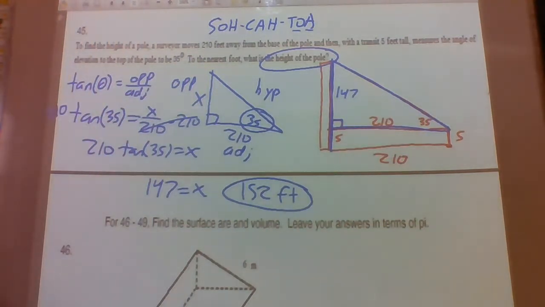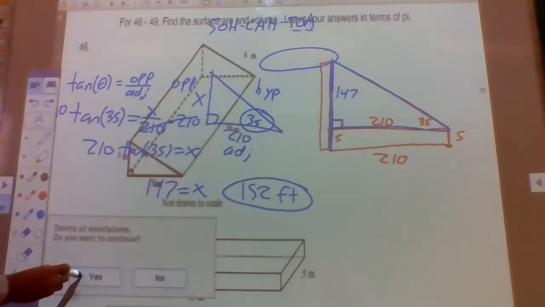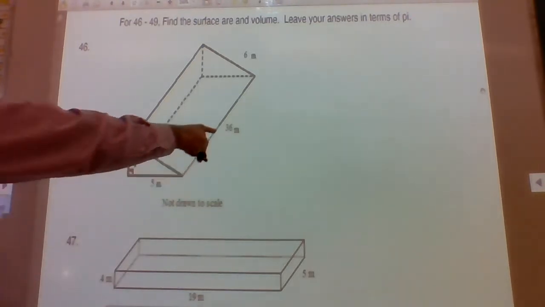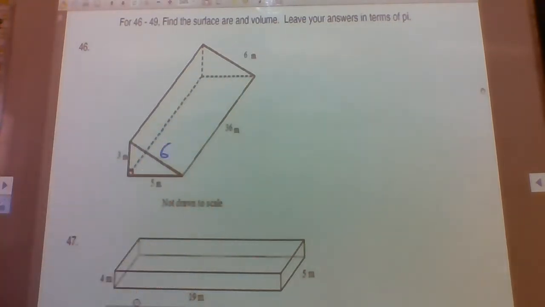That's 45. 46, we want to find the surface area and volume of these figures. Okay, surface area and volume. They're giving us this length here as 6. That doesn't make any sense, but we're going to go with it.